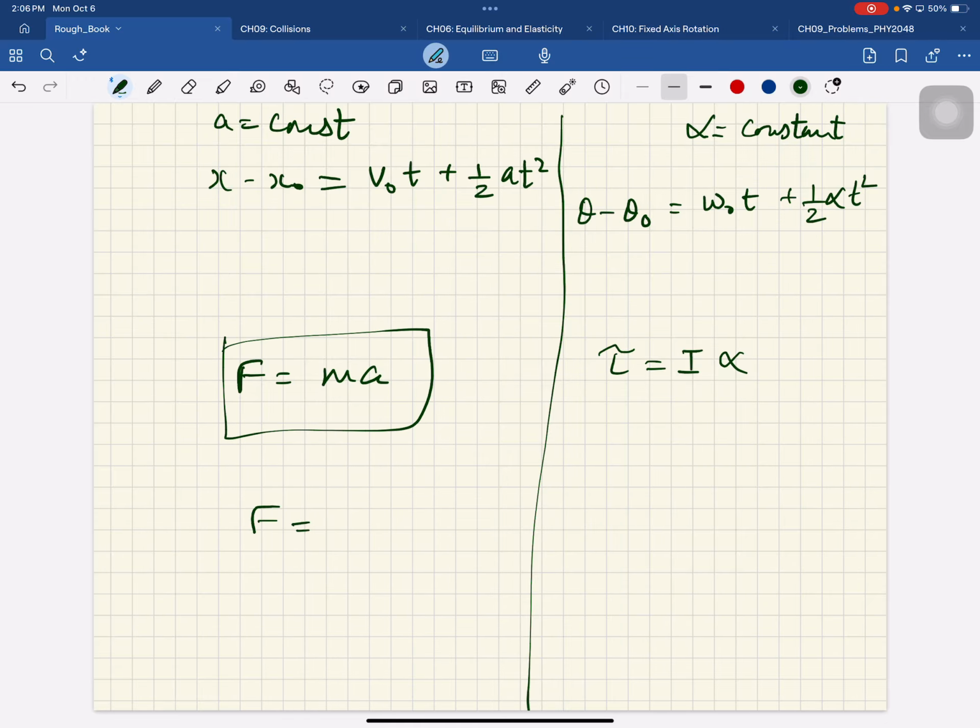Here is the grown-up version, dp by dt. And so Newton's second law for rotational motion will be dL by dt. Again, these are vector equations and so on. But that's what we're going to learn in this chapter. So corresponding to every equation that you've learned for linear motion, you learn the corresponding equation for rotational motion.